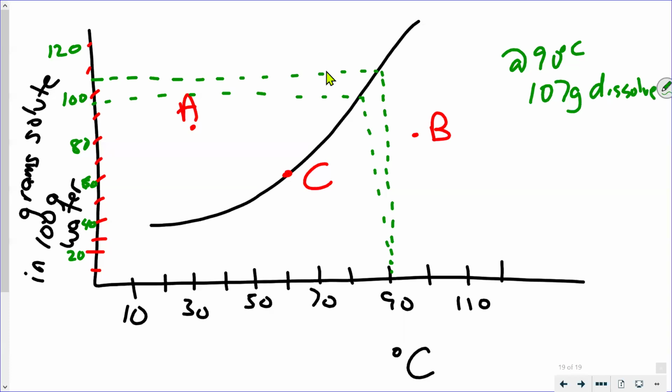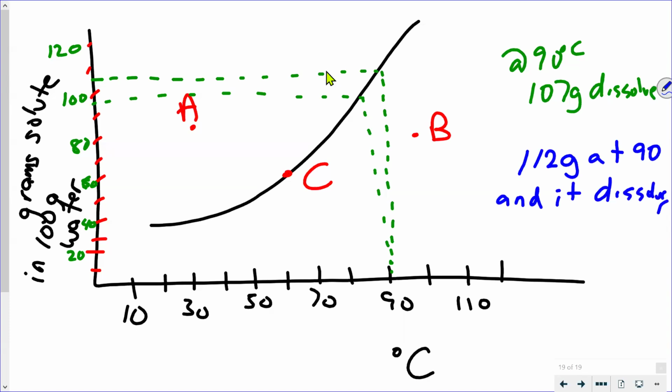So whenever we read from the graph, we're always saying saturated. Another question you might be asked is, what if I am given 112 grams at 90 and it dissolved? What do you know?